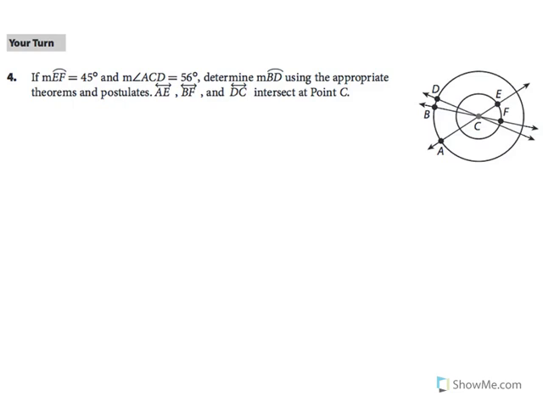If the arc EF is 45 degrees and the measurement of the angle ACD is 56 degrees, determine the measurement for the arc BD using the appropriate theorems and postulate. Lines AE, BF, and DC intersect at the point C. I'll give you a minute to work this out.